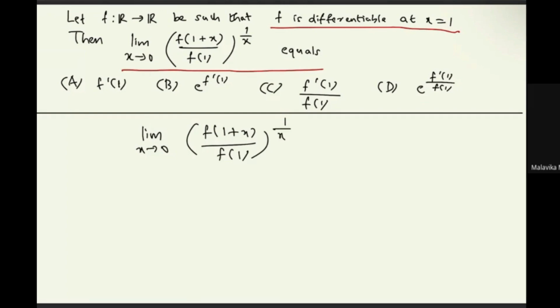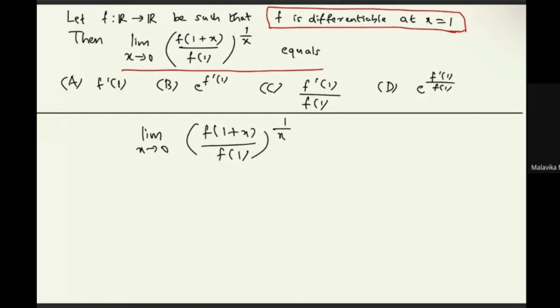Again, look at the conditions. Differentiability at 1 is given. There should be some reason why it is given. It has something to do with the derivative at 1. And in fact, the option suggests that. The terms in the limit also suggest that, because you are looking at f of 1 plus x, f of 1, right?